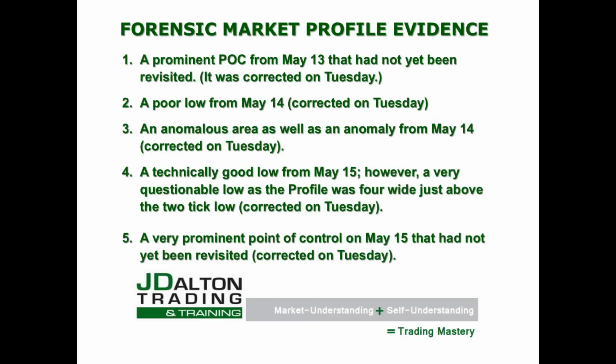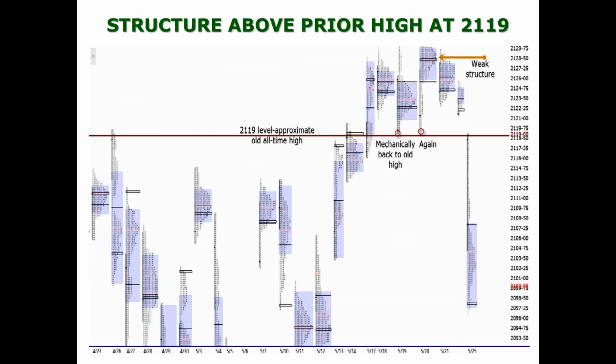Okay, now I'm going to go through this pretty fast. I've just talked about the points that were on the last slide. Now we saw the days leading up to the 2119 level, which was the approximate all-time high.